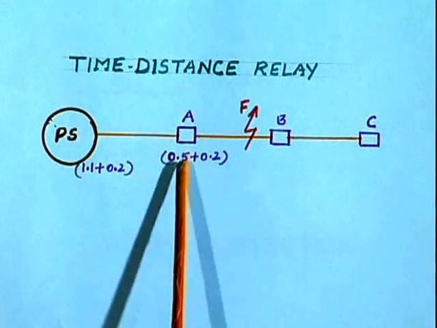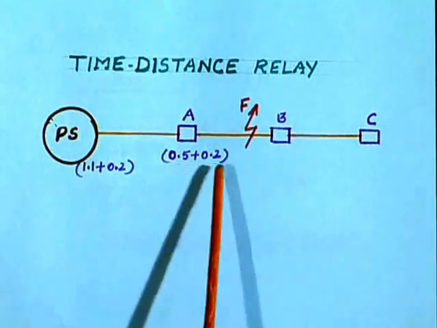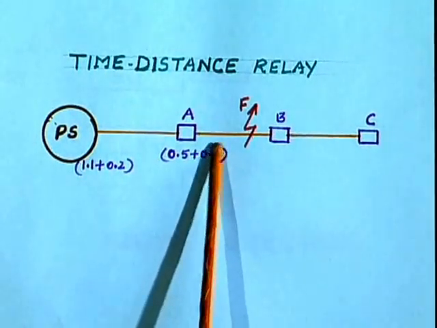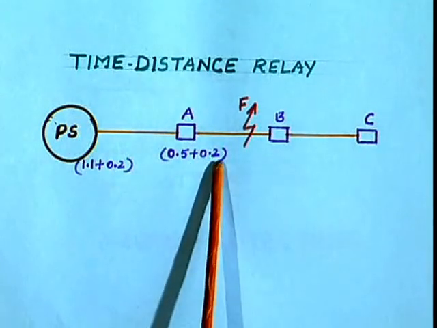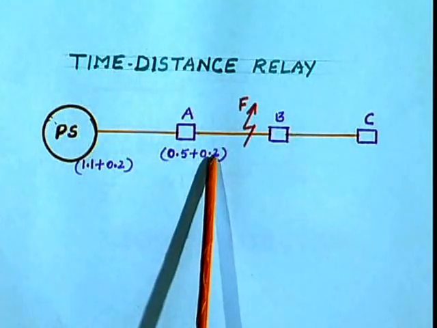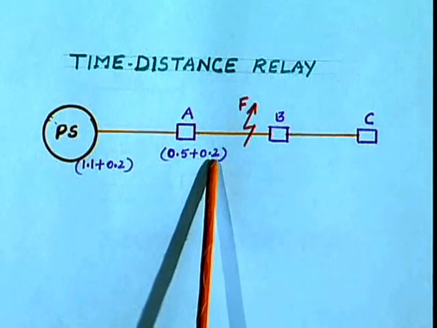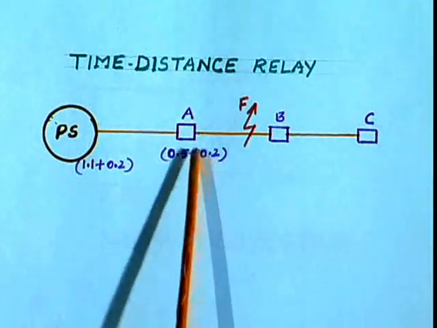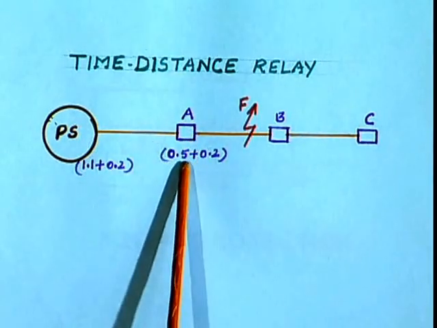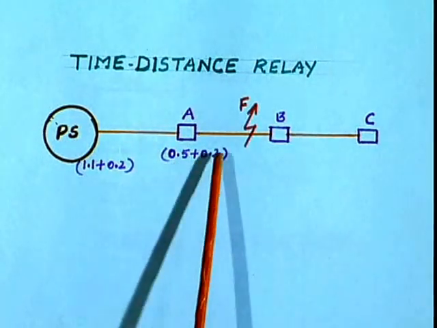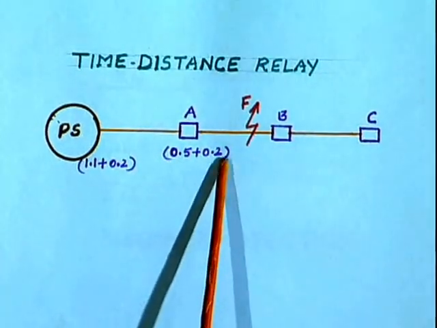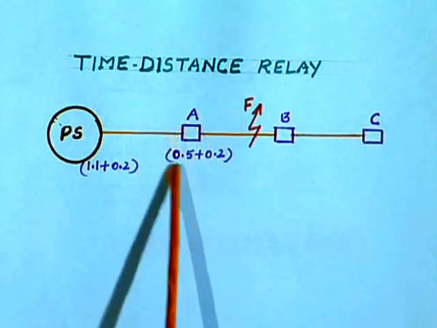That means A is set for 0.5 second, and 0.2 second is the time of opening for the circuit breaker. The circuit breaker also needs some time for opening its contact, that is 0.2 second, and the relay closing its contacts needs a time delay of 0.5 second. So, within 0.5 plus 0.2, 0.7 second relay A will operate.